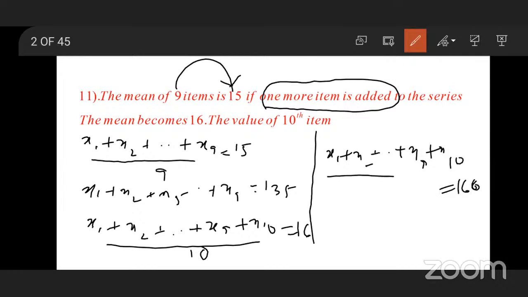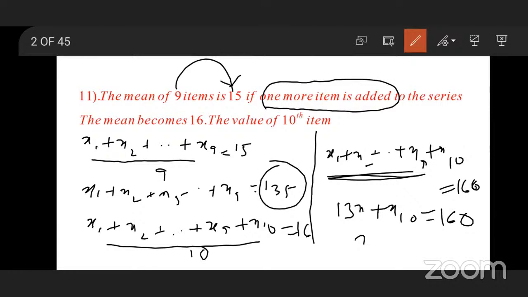Up to X9 the value is 135, so 135 plus X10 is equal to 160. Therefore, X10 is equal to 160 minus 135, which is 25. That is the 10th item.